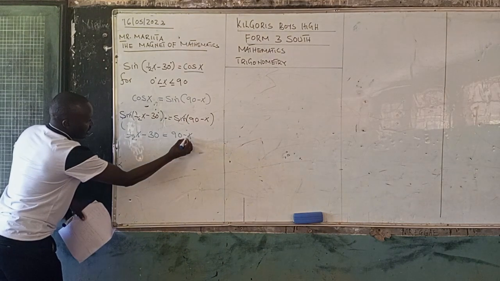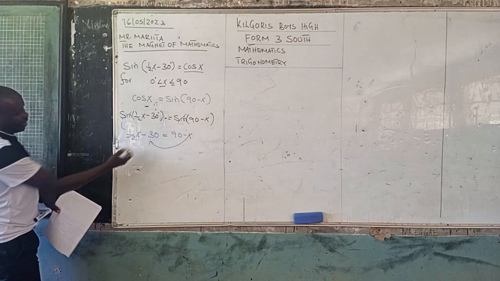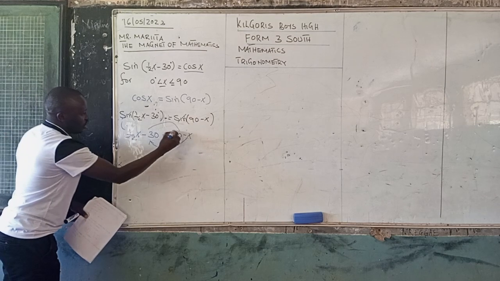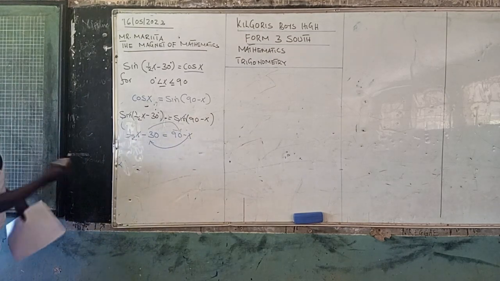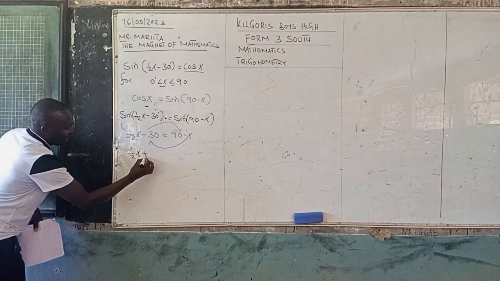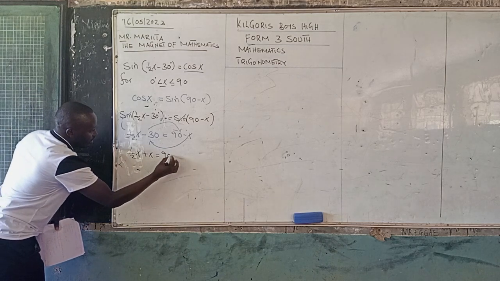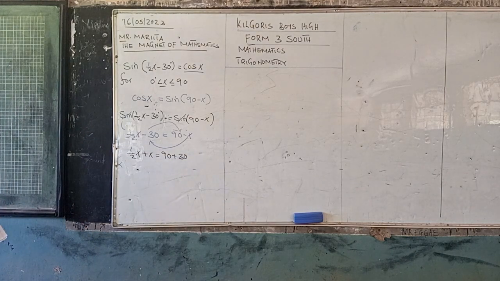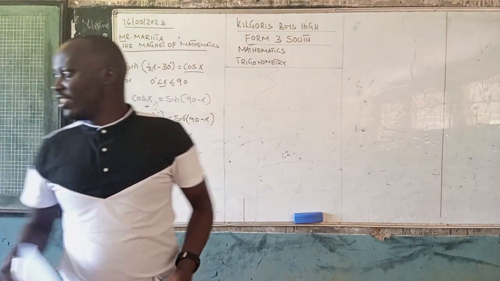We bring this x here, where it changes the sign from negative to positive, and we move this negative 30 to the other side where it changes from negative to positive. So we write a half x plus x equals p times 90 plus 30 degrees. What is half x plus x? It is 3 over 2 x.